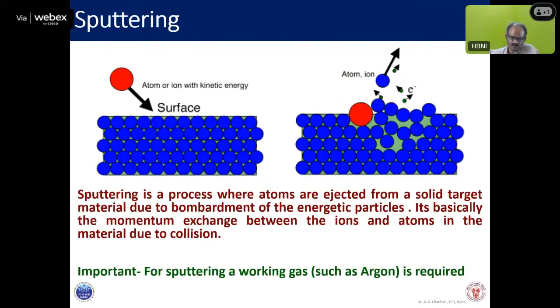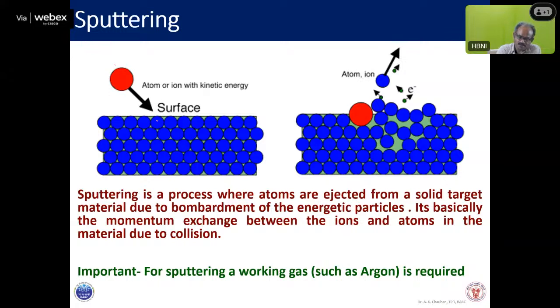In sputtering, atoms are ejected from the solid target material due to bombardment by energetic particles. It is basically the momentum exchange between the ions and atoms in the material due to collision. So you have some atoms or ions with very high kinetic energy.